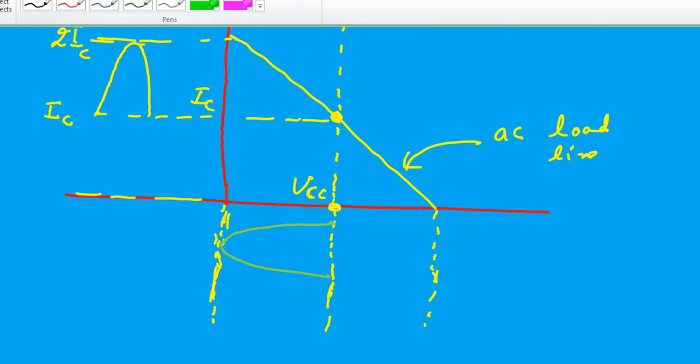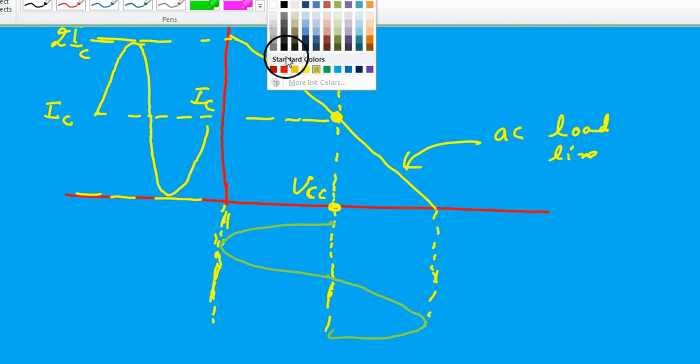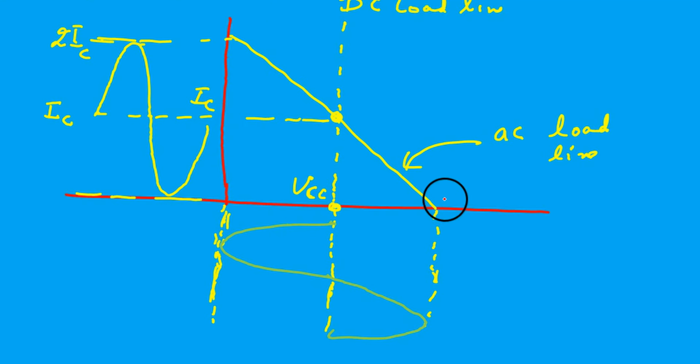So the collector current is varying, VCE is varying. So look, this is 2 VCC, this is the 0 reference level. So the Q point is the middle.